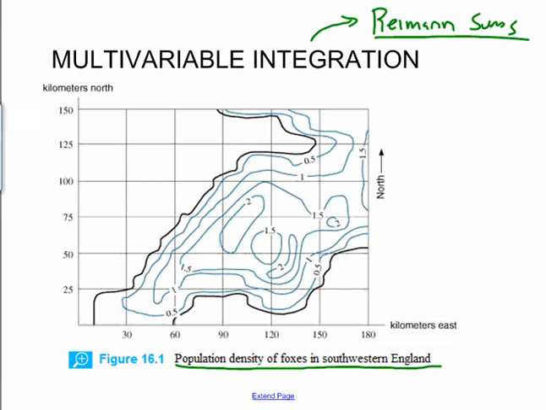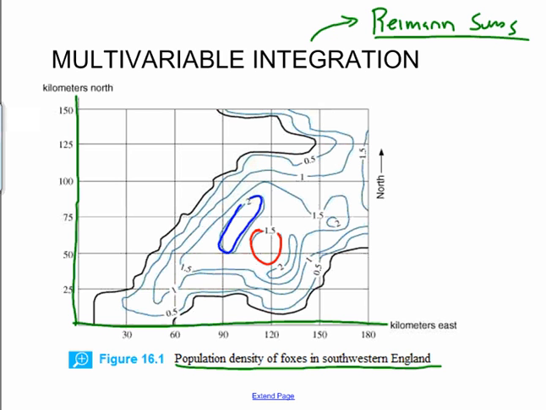The three variables here are the kilometers measured east-west, the kilometers measured north-south, and then we've got our contour map, which is telling us the density of foxes. So for example, everything on that blue line just drawn has a density of 2. Everything on this red line would have a density of 1.